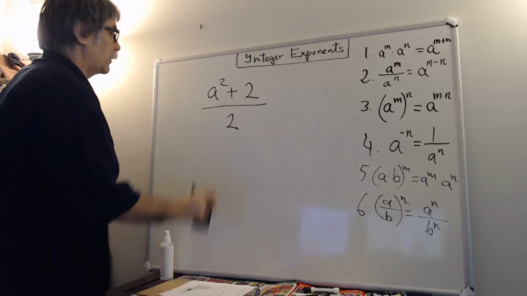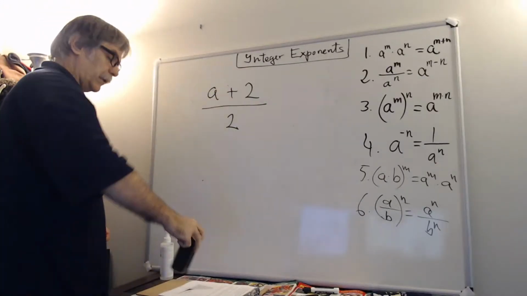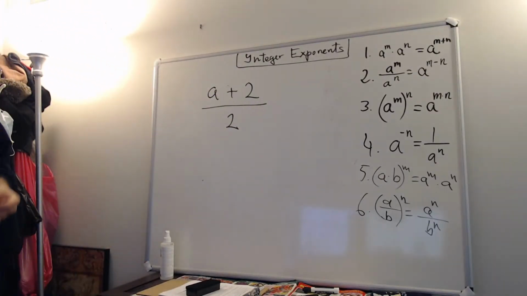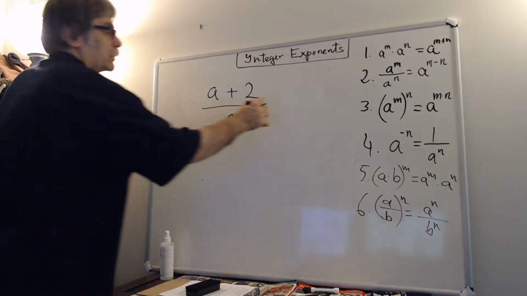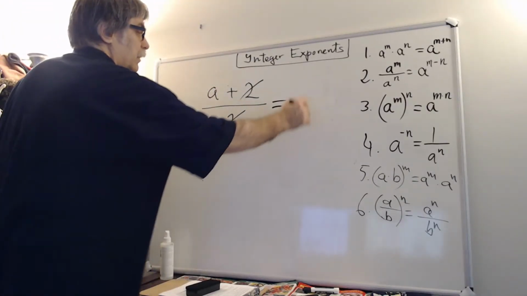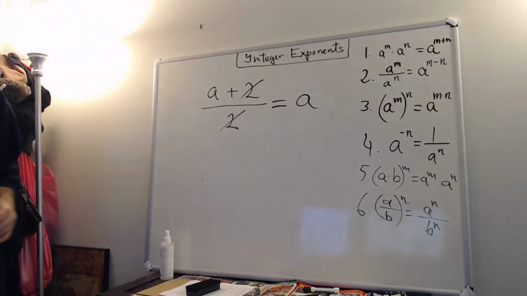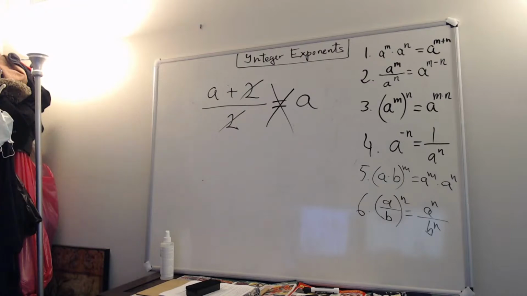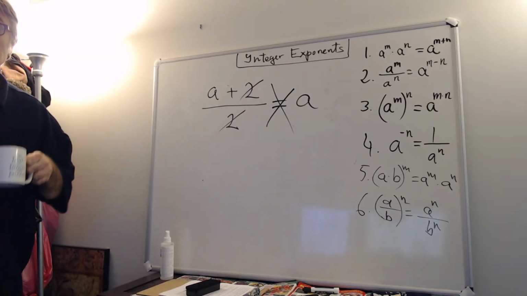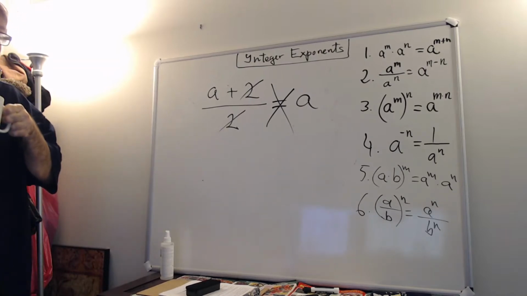I don't even have to have a fact. Power here. So I have a plus 2 divided by 2. People do stuff like that all the time. Oh, let's cancel this, and we have an a here. Nonsense. Again, you should never do anything like that. This doesn't work. It's not correct.